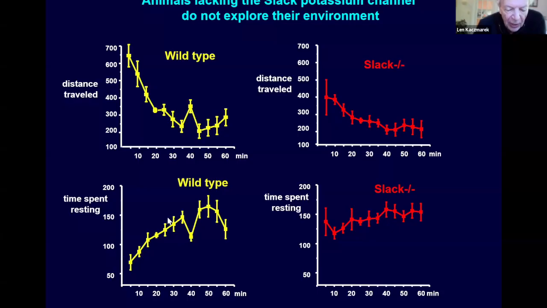It's not resting much, and it rests towards the end of an hour. In the SLAC knockout, which is missing the pore, it's not as excited to find itself in a new environment, and it basically rests the same amount of time at the beginning and at the end.